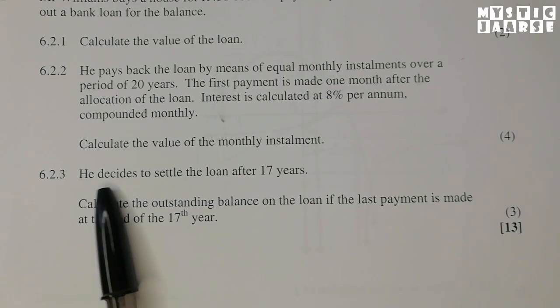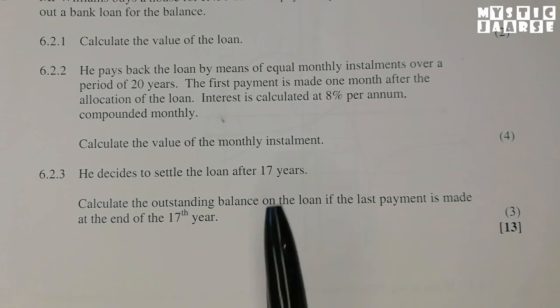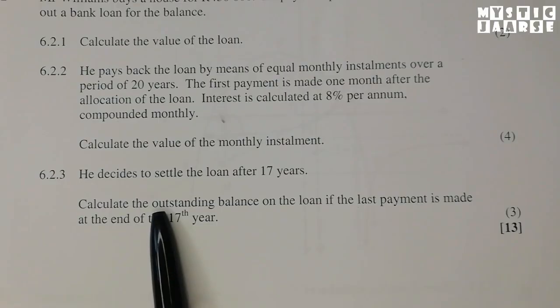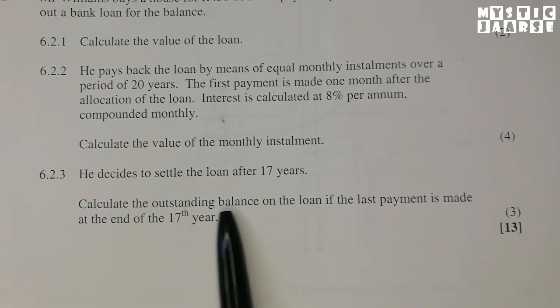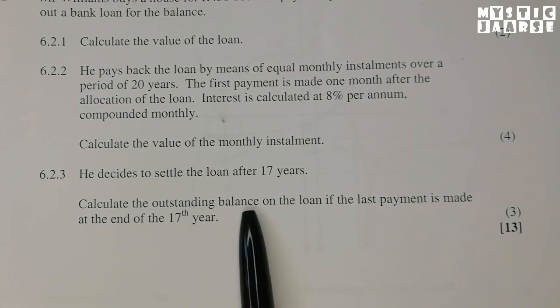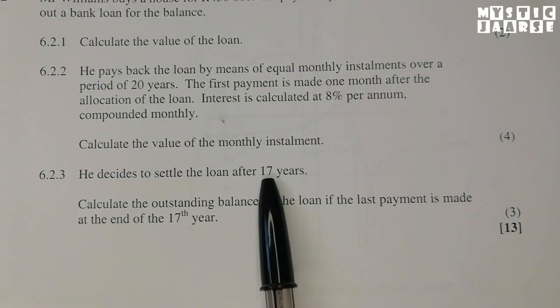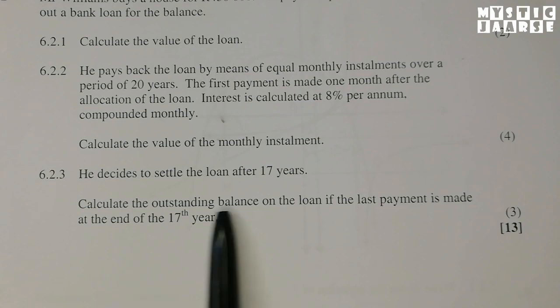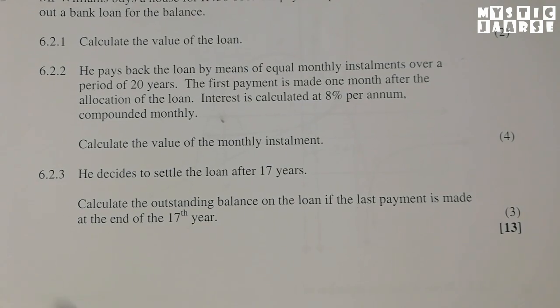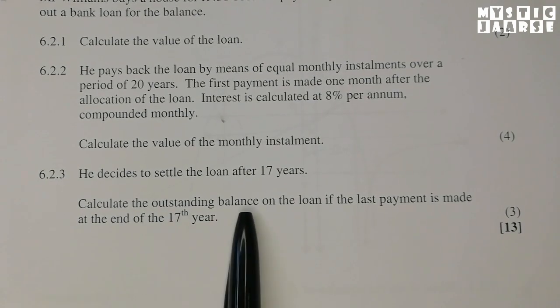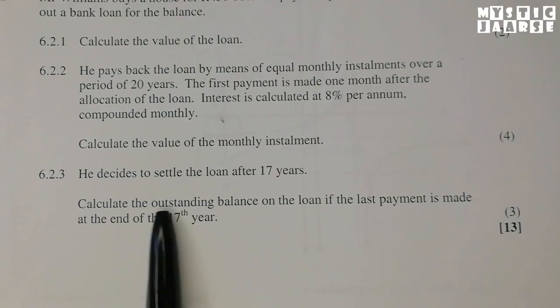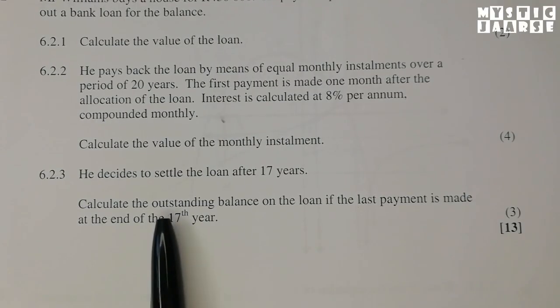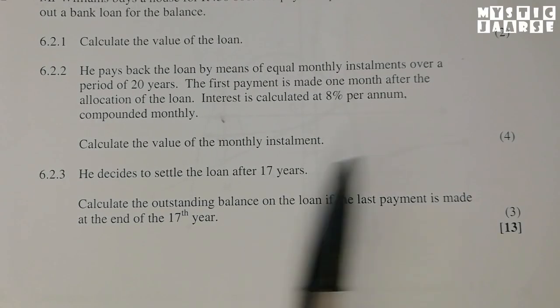So after making payments for 17 years, there will be money that is left to be paid towards the bank, right? So this is the outstanding balance. So Mr. Williams, after 17 years, will make one last payment of the remaining balance towards the loan. So they're asking us to calculate how much money will be left for Mr. Williams to pay after making payments for 17 years.